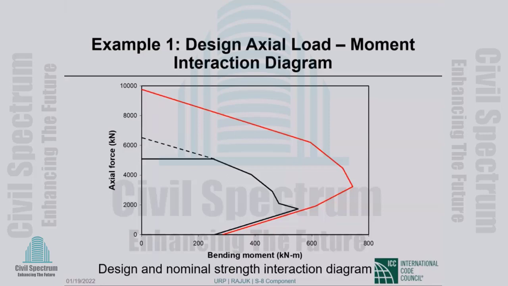A spiral is definitely more effective, if by effective you mean how well it confines the concrete. The pitch of the spiral is typically closer than the kind of tie spacing we use for circular ties, and that also obviously increases the effectiveness.